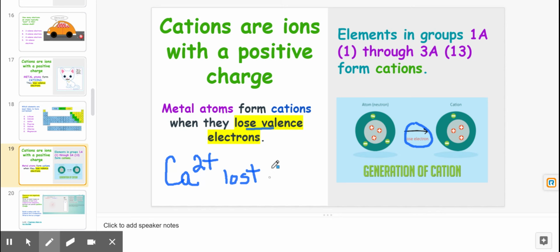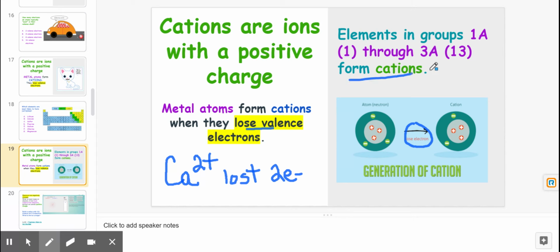So the charges and the process of losing or gaining electrons need some time to work through and practice because it is a bit counterintuitive. It does not work like straight math, because we're talking about charges and not just the addition or subtraction of items.